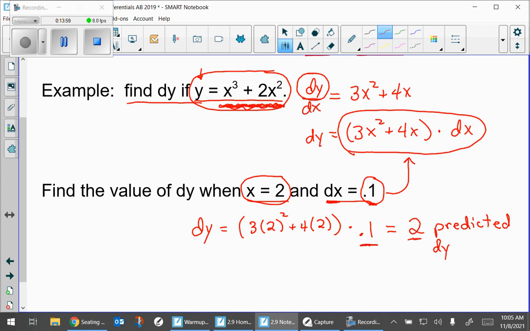When we make this small change in x, I'm going to predict using slope, using derivative, that that is the small change in y that's going to occur because of this small change in x. All right, so that's how we find dy.